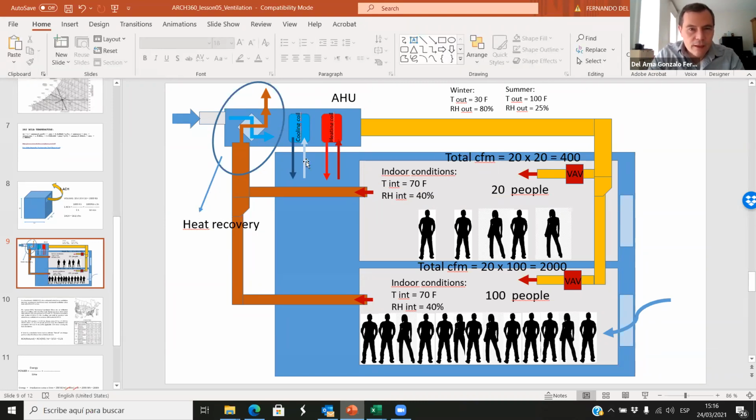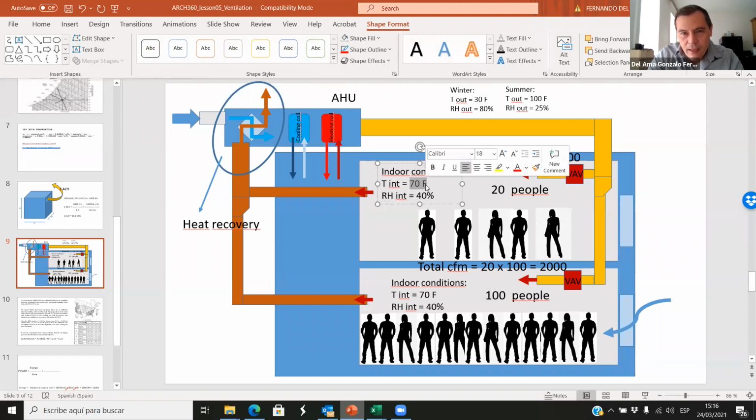Okay, it's within the air handling unit, but here we mix the fresh air, the outdoor air, with the exhaust air. And before getting rid of this exhaust air, we are taking part of the energy that this exhaust air has, because here the indoor temperature is at 70 Fahrenheit.